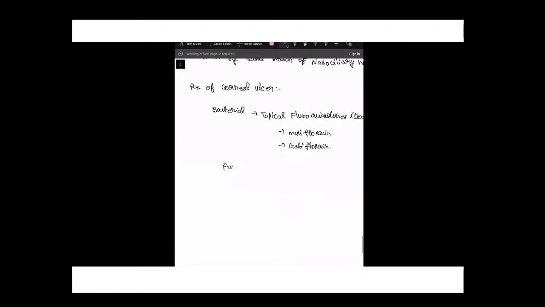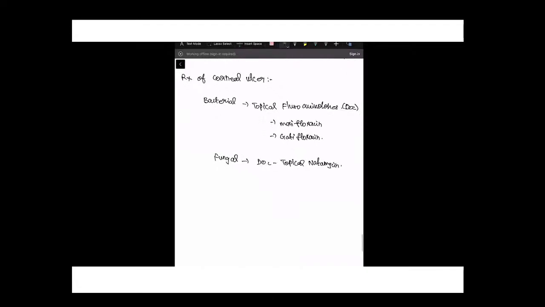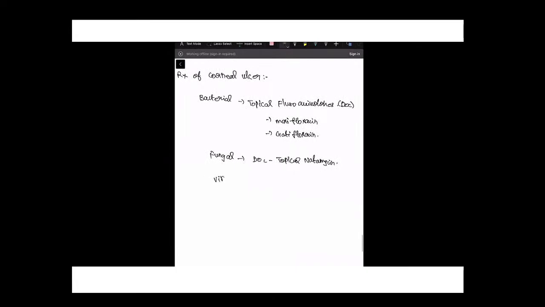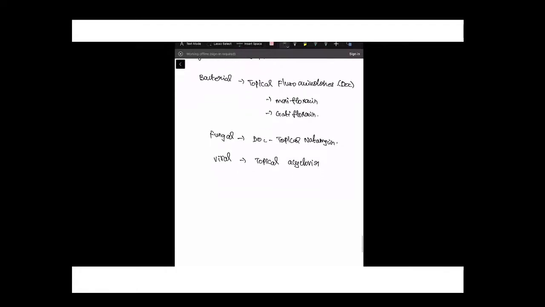In case of fungal corneal ulcer, the drug of choice is topical natamycin. For viral, topical acyclovir.